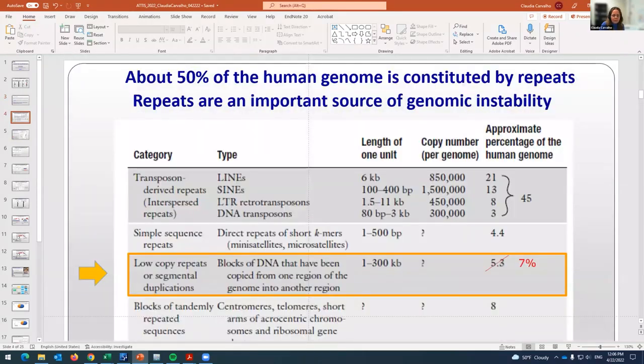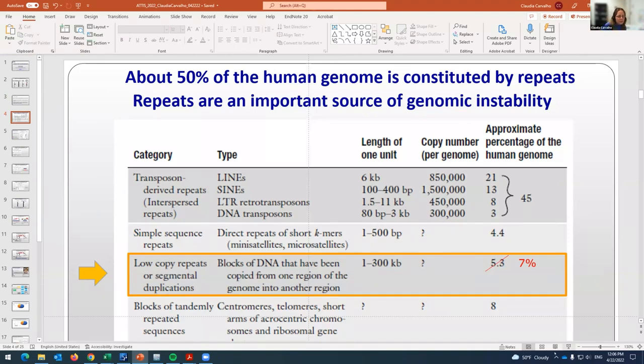One very important feature of the human genome that has a strong impact on constitutional diseases is the fact that 50% of the human genome is constituted by repeats. Several of them are important in leading to variants that cause disease, but one is especially important, and it is called segmental duplication.